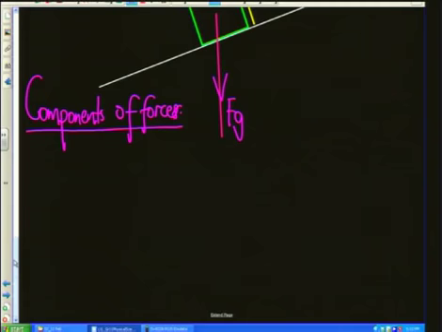Right. Now, if you look at this diagram here, if I were to find the components of the weight or the gravitational force, I'll have a force going that way. I'll also have another force going this way.